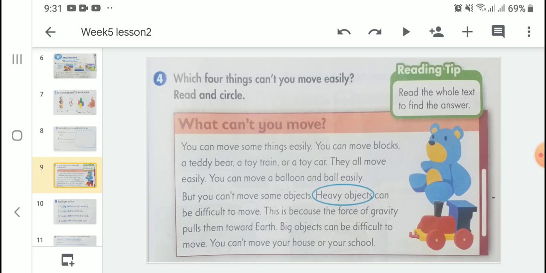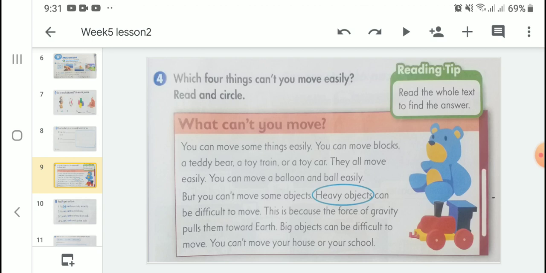For question number 4, which 4 things can't you move easily? Read and circle. I will read the text first, then you will circle 4 things that you cannot move easily. Listen carefully. You can move something easily. You can move blocks, a teddy bear, a toy train, or a toy car. They all move easily.